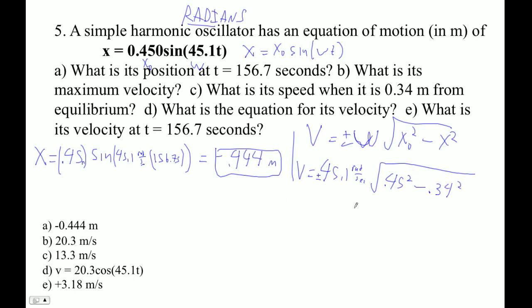So let's see, 45.1 times the square root of 0.45 squared minus 0.34 squared. And I get 13.29 meters per second.